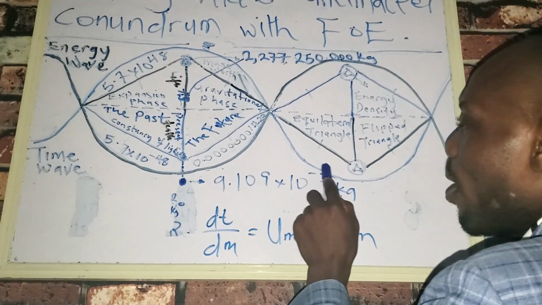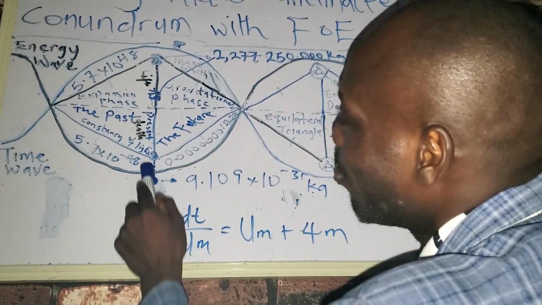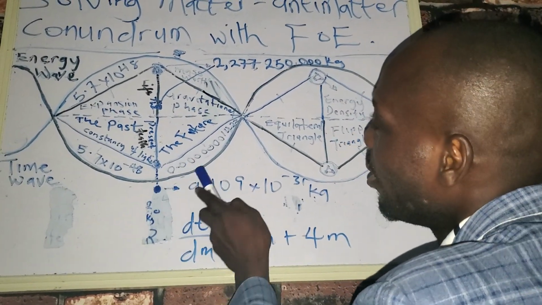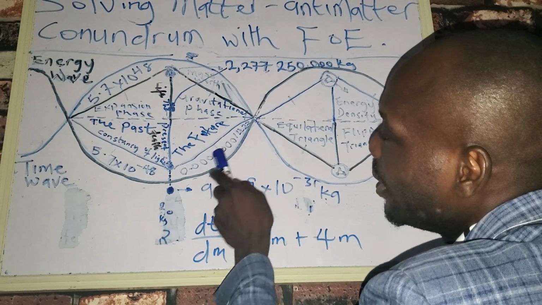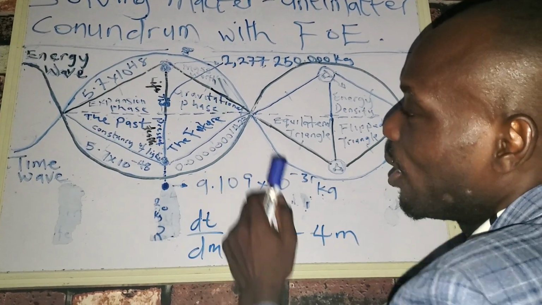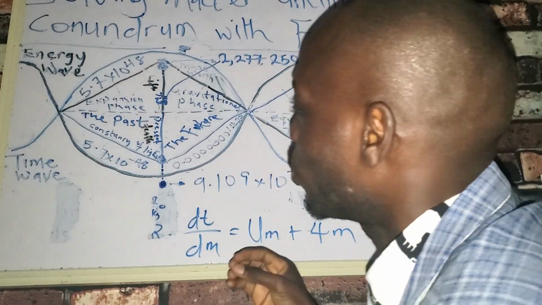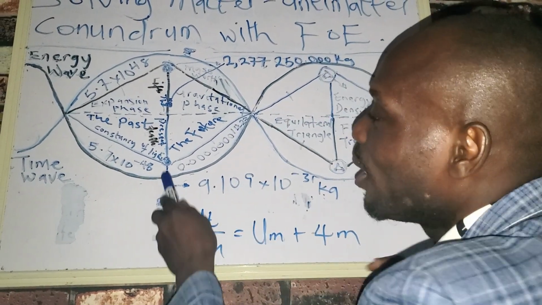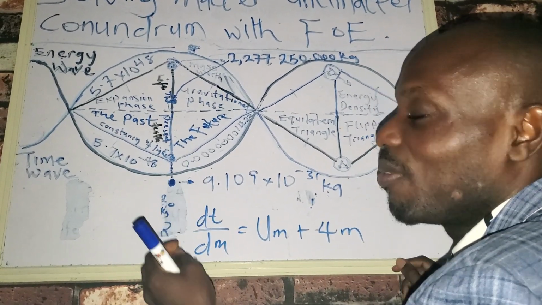9.1009 times 10 raised to the power minus 31 kilograms. But at this point, we do not have the full electron's mass force. We only have this tiny fraction of the electron right there. And that can actually show us how this spot is so compressed, so tiny.